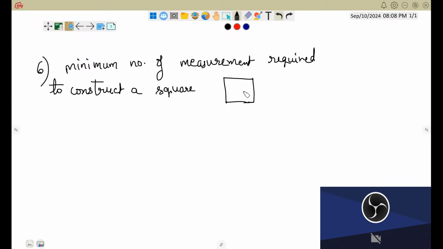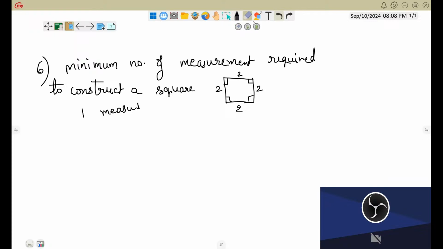And in the square also, all the 4 angles are 90 degrees. If in the question they give at least one measurement of a side, that means you know all the 4 sides and all the 4 angles. So at least one measurement is enough to construct a square. Understand? To construct a square, how many measurements are required? 1.